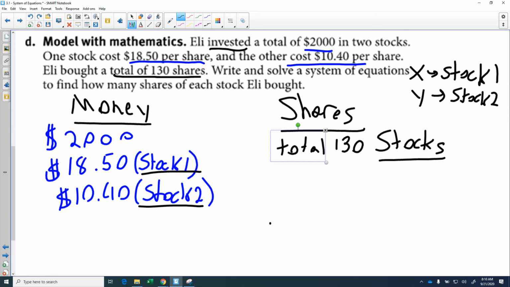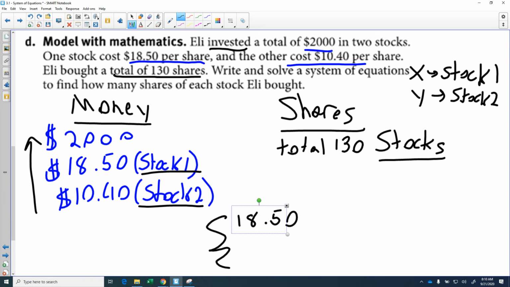At this point, we can start developing our two equations. Let's go ahead and write our little bracket. And let's start developing each of these. The first one should be fairly straightforward. Okay, notice how it all goes in line here, and I can pretty much write each one of them out. It costs $8.50 for stock one, so I'm going to do $8.50. And since this is stock one, X is also stock one, so it's $8.50X.